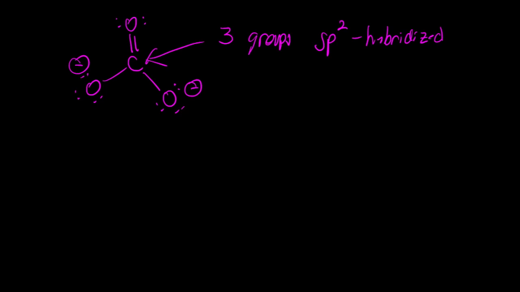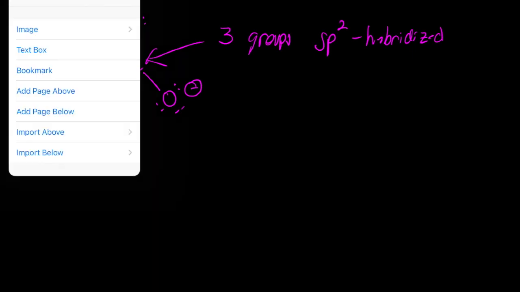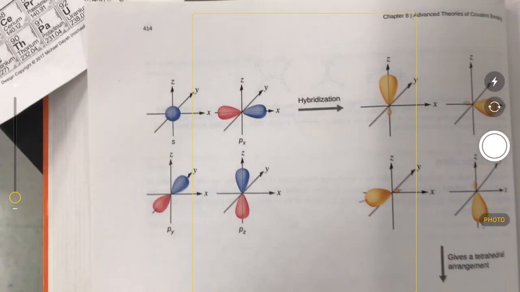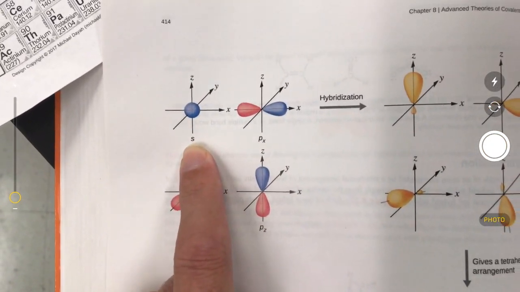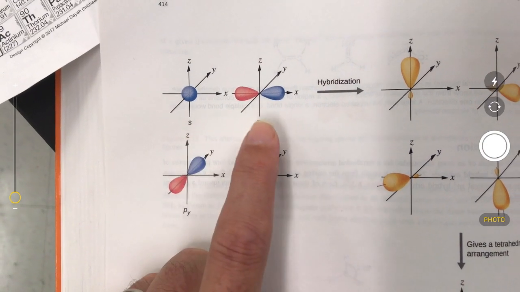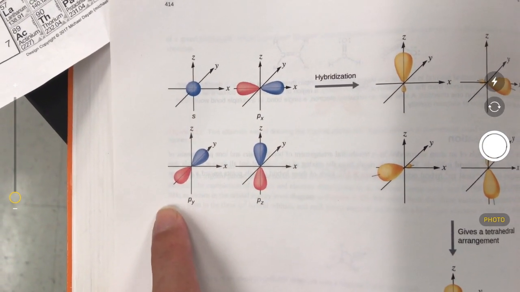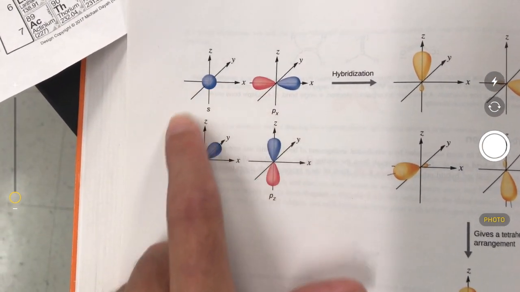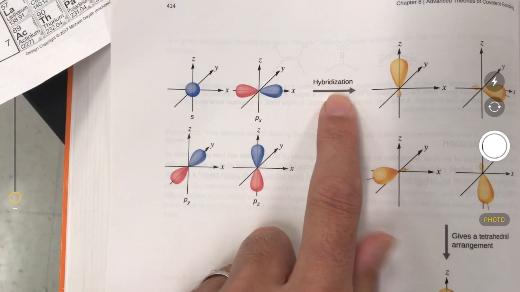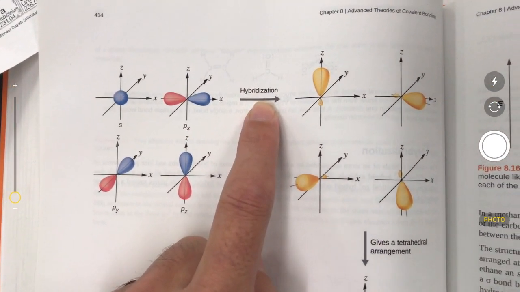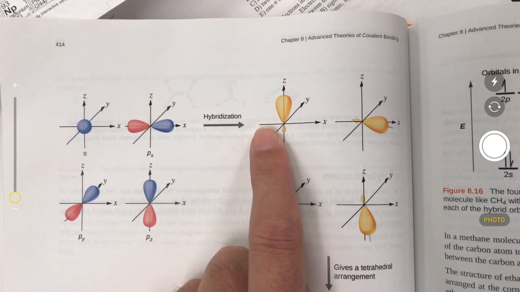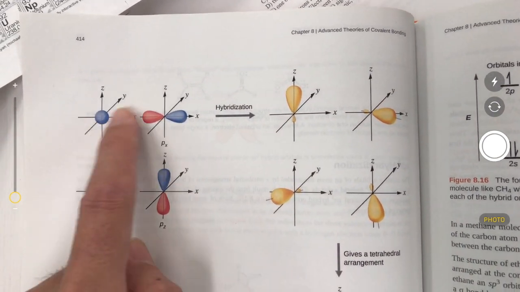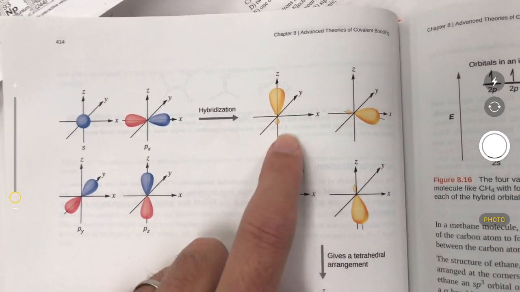So if we take a look at the textbook, this is a much more complicated example because you're taking the s orbital and all of the 3 p orbitals, the px, the py, and the pz, and you're doing this magical hybridization step, which is really just a bunch of math. And you're getting 4 different sp³ hybrid orbitals. So if you start with 4, you end up with 4.